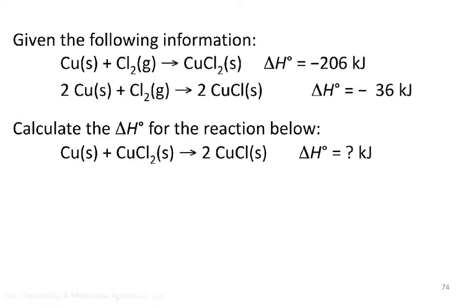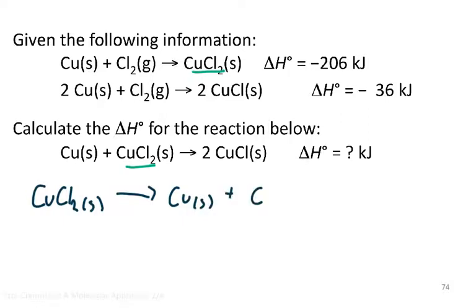So the key here is to recognize that this we want as a product. So I'm going to reverse my top reaction. So CuCl2 solid goes to copper solid plus Cl2 gas.